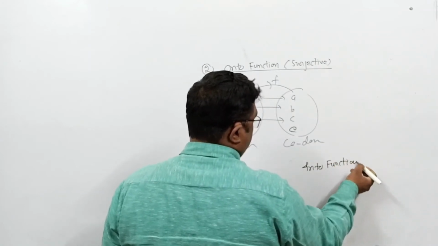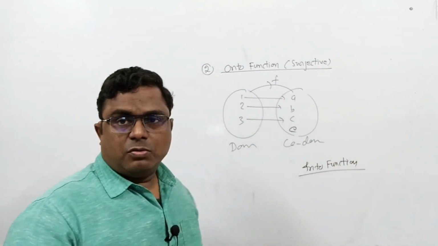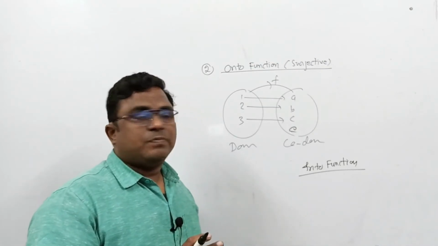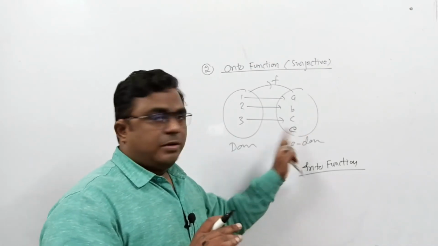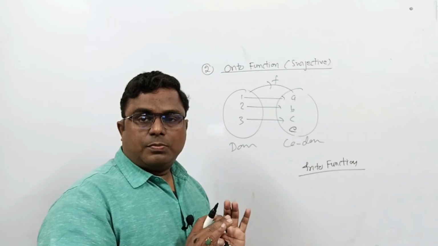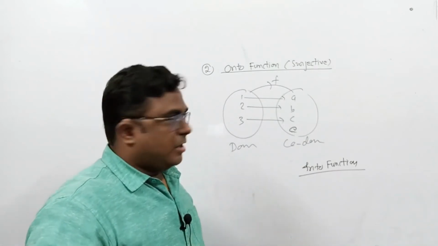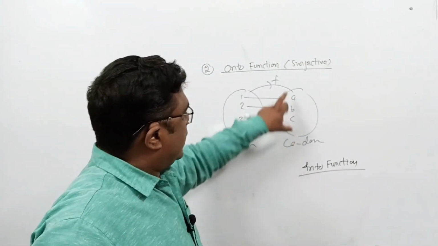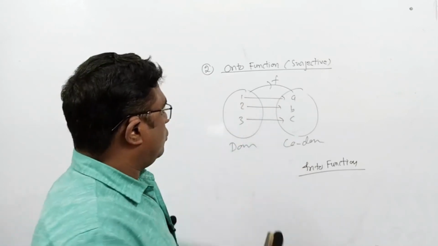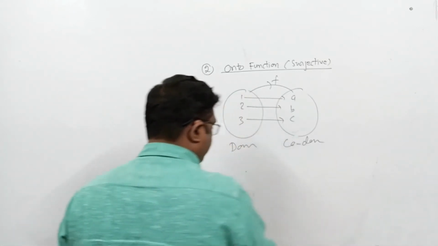So an into function is one in which one or more elements of the codomain have no pre-image, and if all the elements have pre-images, then we call it an onto or surjective function.